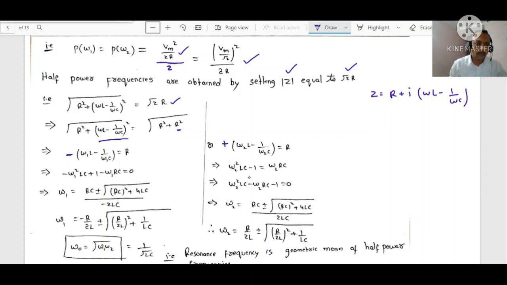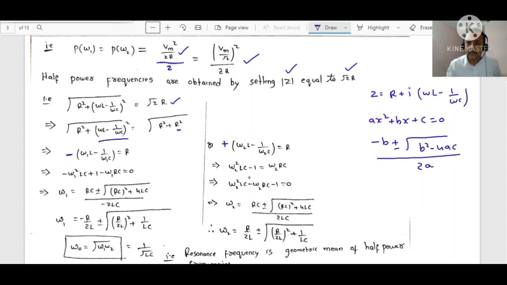Now just simplify this equation. You just bring it in the form of a x square plus b x plus c equal to 0. At that time the value of x will be equal to minus b plus or minus square root of b square minus 4ac, whole divided by 2a.